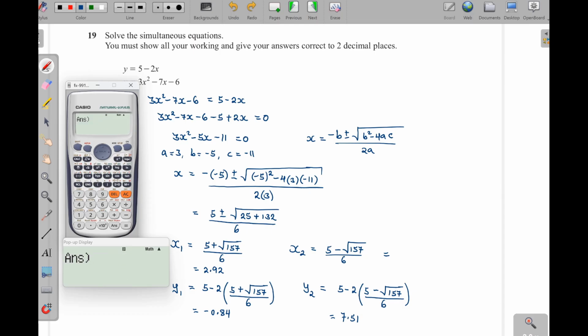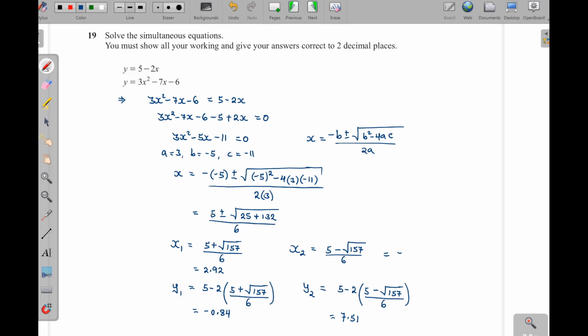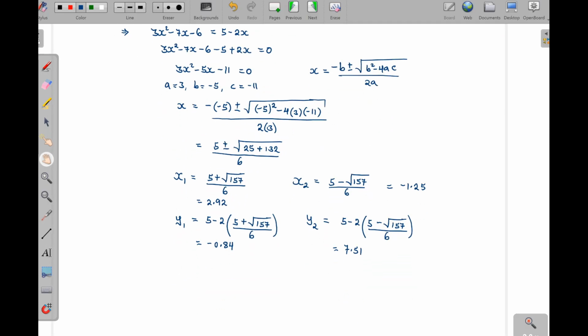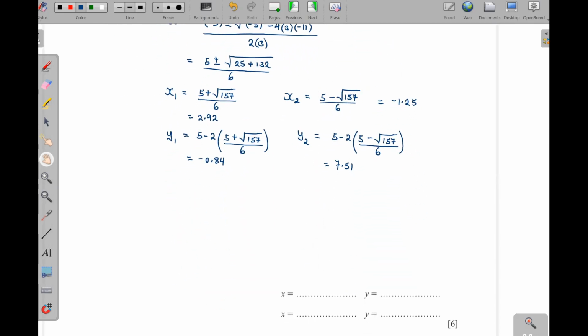Then the value of x here is negative 1.25. So that is what I'll write down here. Be careful when you are writing your answers. X here is 2.92. The other x value, negative 1.25.